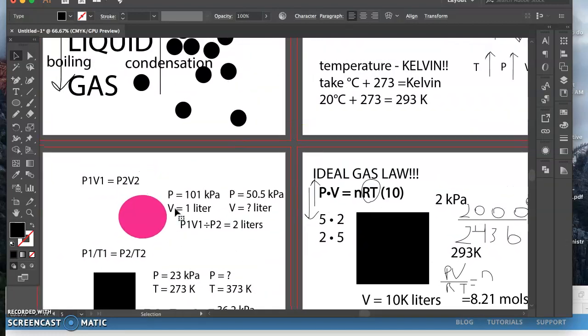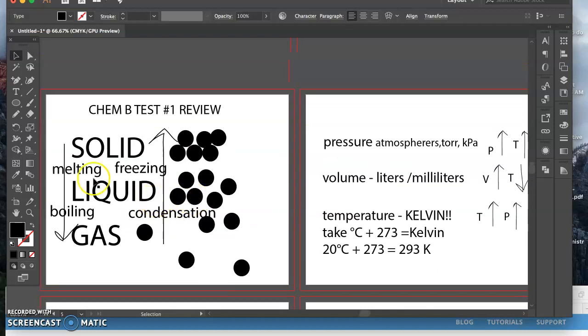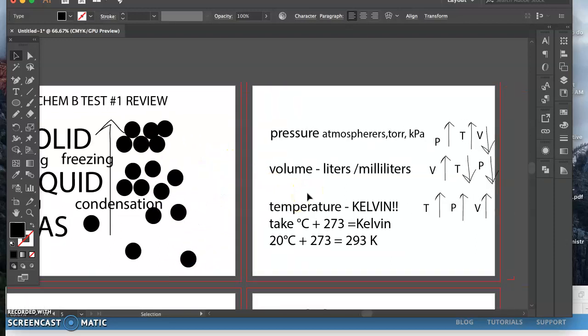Reviewing the facts, you should know the three phases of matter, what it's called when we change from each of these phases, and that basically what's happening at an atomic molecular level is that as we get hotter, the atoms go faster and they tend to fall apart from each other, and then as we get colder, the atoms tend to group together and move more slowly.